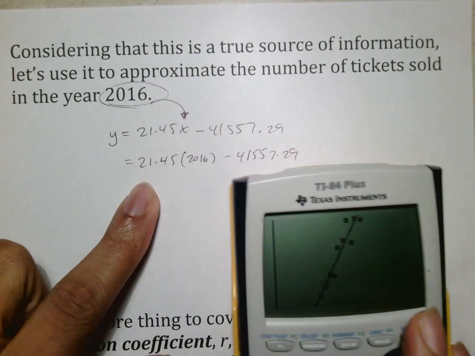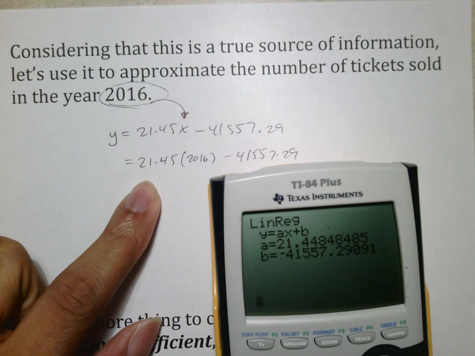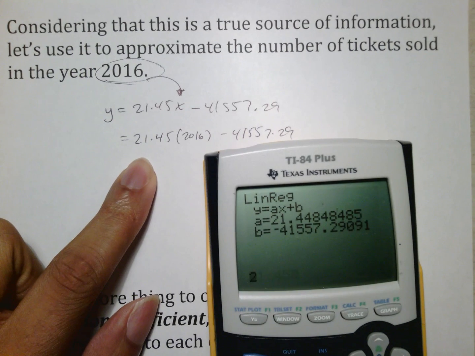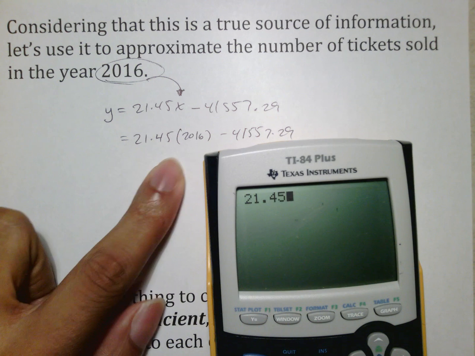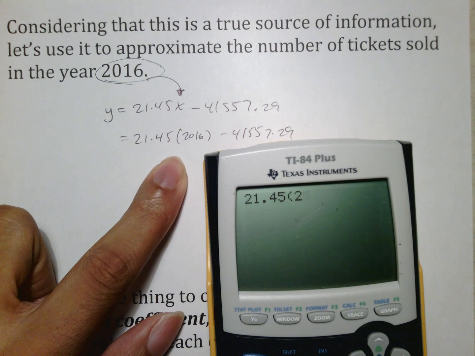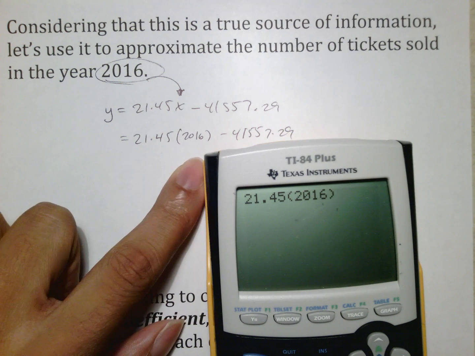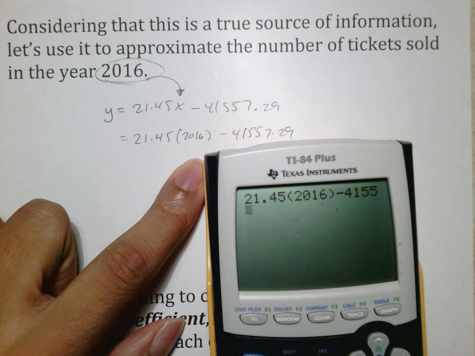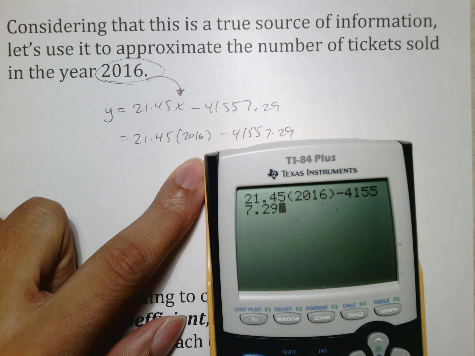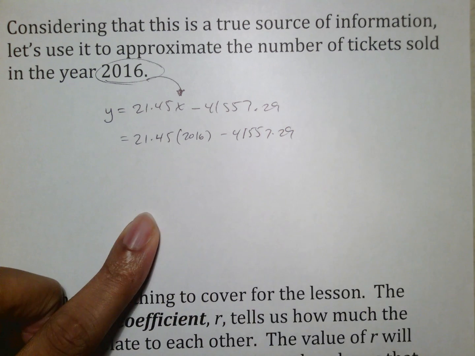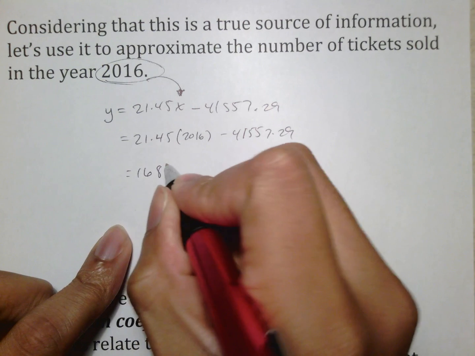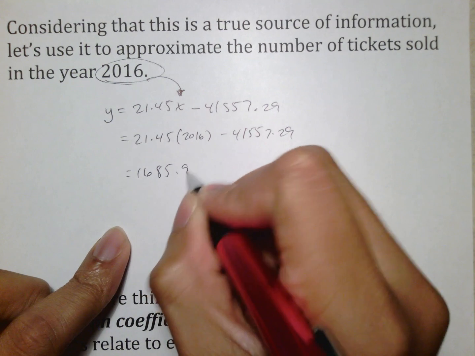And so we simply do 21.45 times 2016 minus all that stuff there. Clear all that out and just type it into your calculator. 21.45 times 2016 minus 41557.29 equals 1685.91.